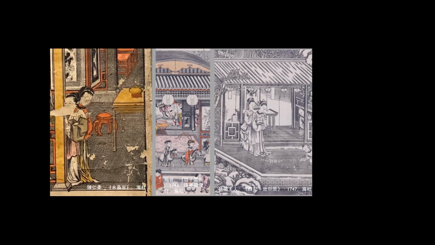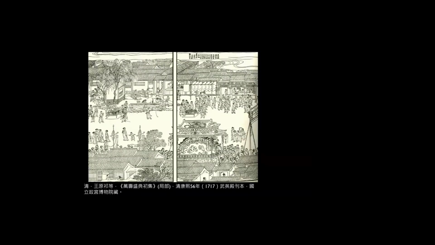What is the role of the so-called Western method that has lost its ability to create illusion and a sense of three-dimensionality? Taking the print, so you can see the imperial print here, although it still has some sense of Western perspective, it actually doesn't have any hatching, as we can see in the Suzhou print.